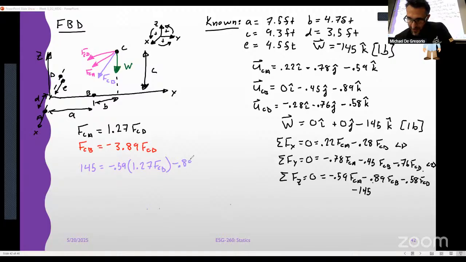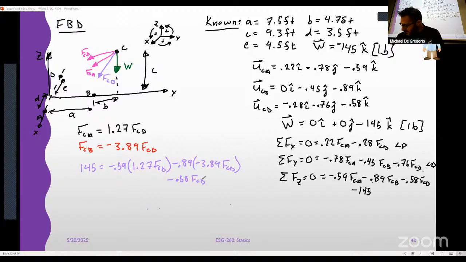Minus 0.89 times negative 3.89 FCD. We know that from the red equation that we just had. We're subbing in for FCB. Minus 0.58 FCD. Okay. You just multiply all the things and then you just subtract them all. That seems simple enough, right? Maybe.